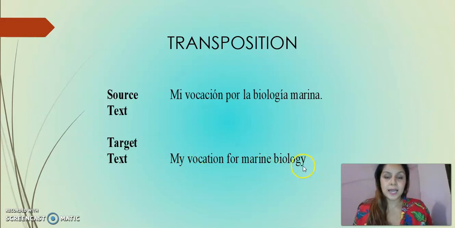In this case, I used the transposition technique when I translated biología marina to marine biology. I made a change in the position of the words. It is a transposition technique because the position of those two words changed at the moment of translating from the source text to the target text.